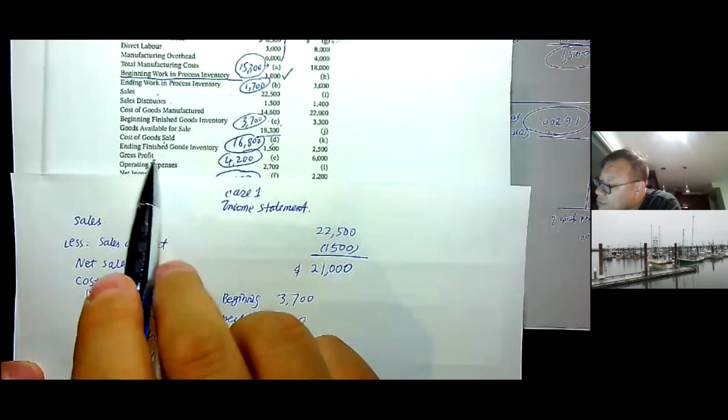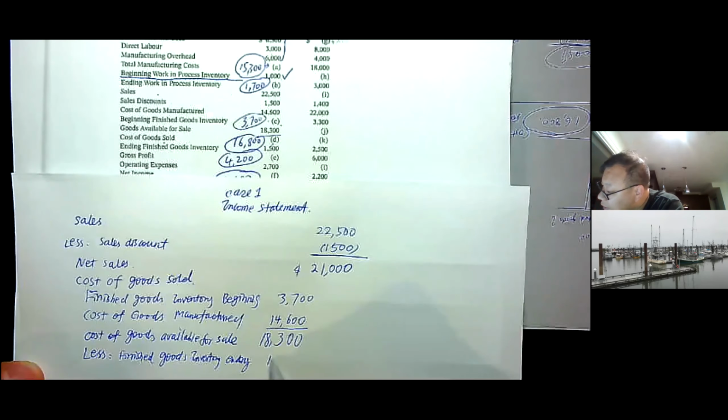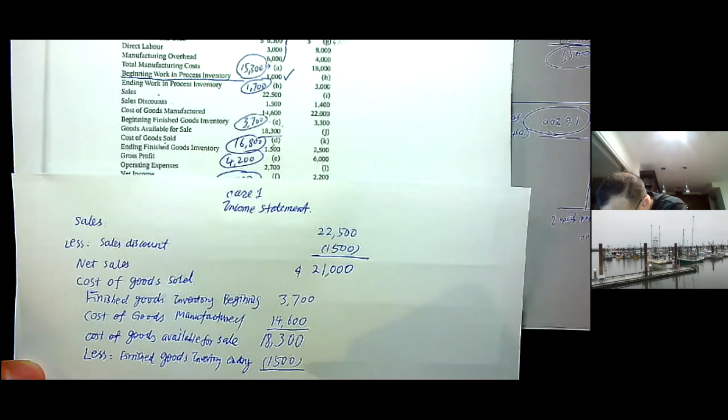So what's the finished goods inventory ending? 1,500. So in this case, the difference between these two will be my cost of goods sold. So that's 16,800.